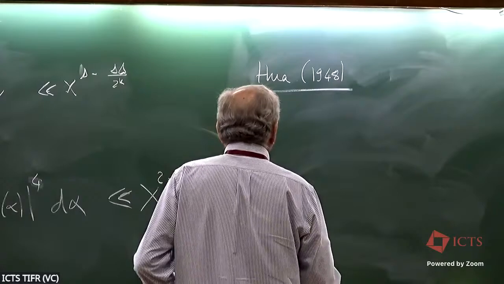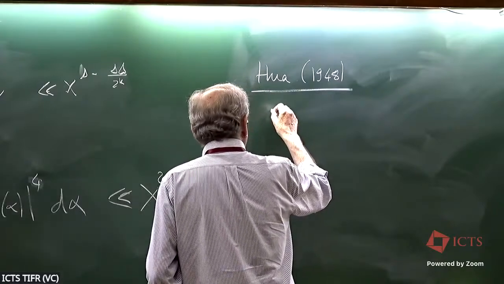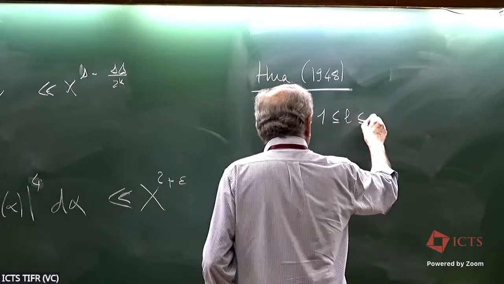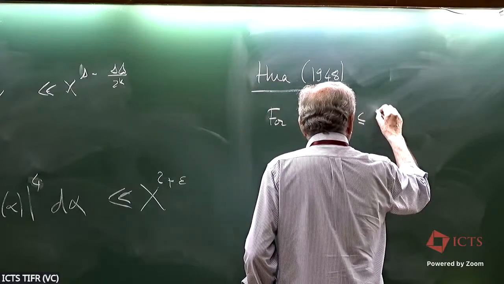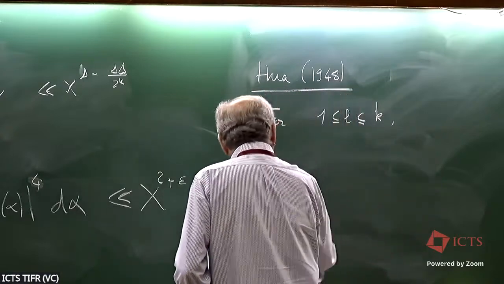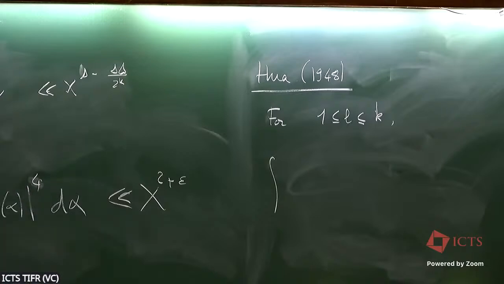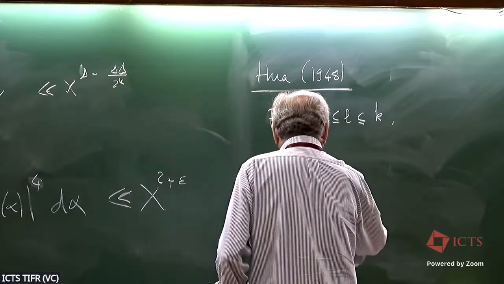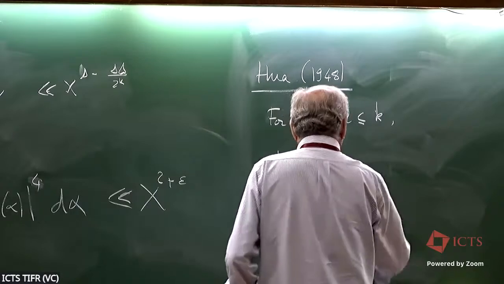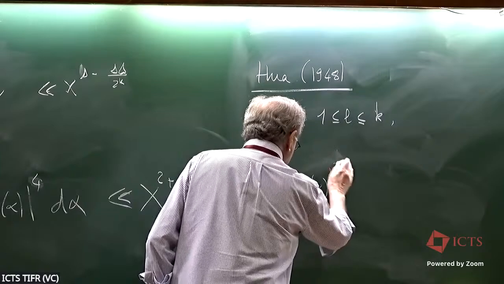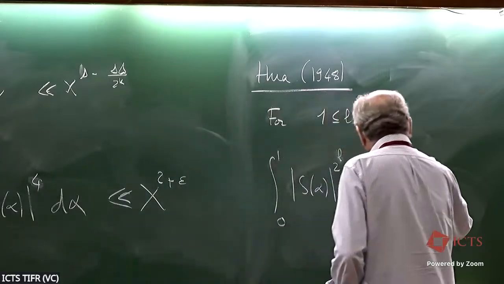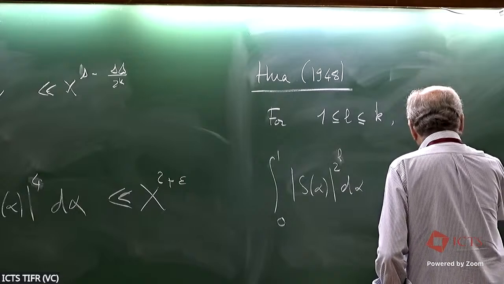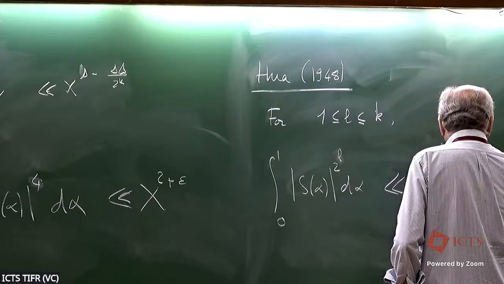He proved the following, that for L between 1 and k, where k is the exponent here, the power, the same one, the integral from 0 to 1 of S of alpha to the 2 to the L, d alpha, is bounded by some x to the 2 to the L, but your saving will be L plus a tiny epsilon.